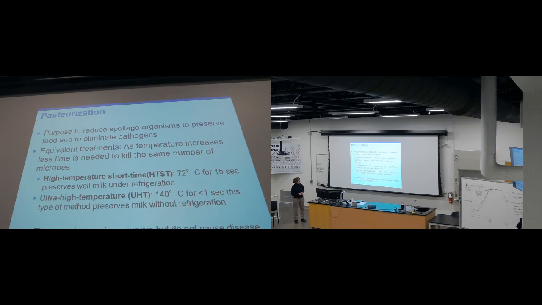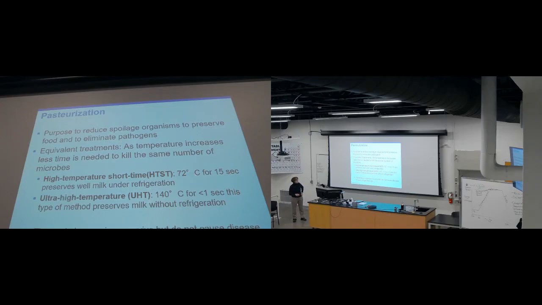So then, as you put your items into pasteurization, you eliminate pathogens, but not entirely the thermoduric microorganisms. Thermoduric microorganisms are organisms that are able to survive but do not cause disease.